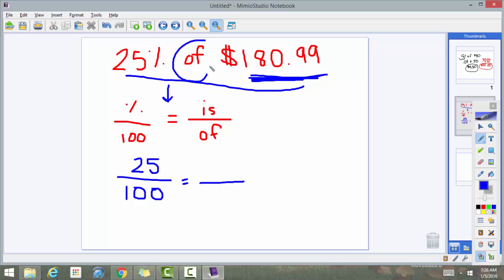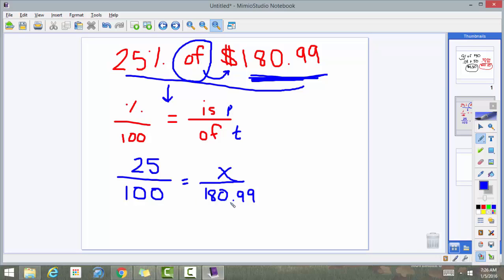Well, look at this buzzword right here. I see the word of, which means this is my total. The original price of the shoes is $180.99, and I'm trying to calculate a smaller amount, which is going to be the discount that I don't have to pay. So percent over 100 equals is over of, or part over total.